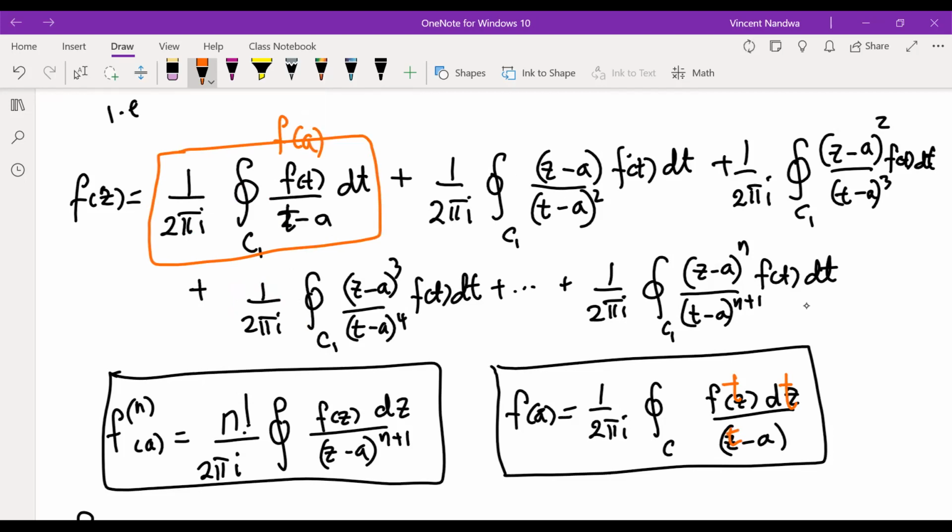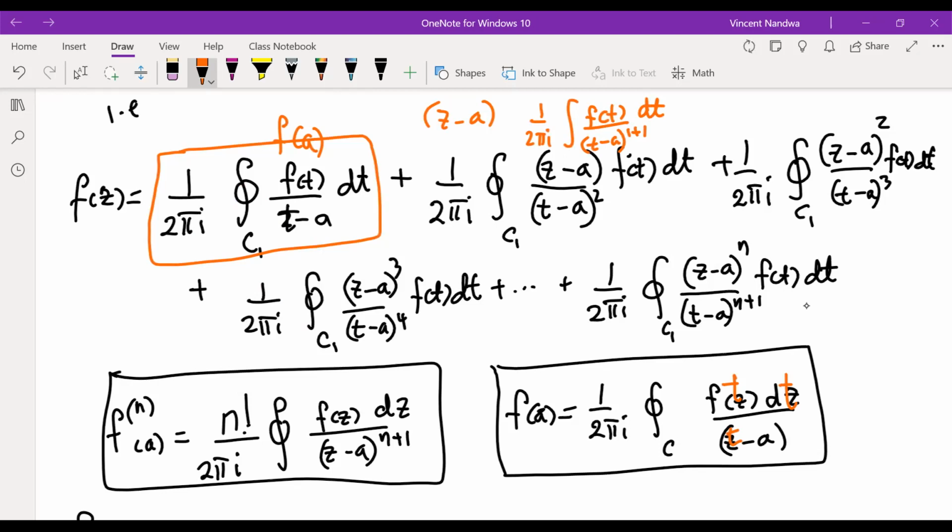And then if I factor out (z minus a), I'll have (z minus a), then 1 over 2 pi i integral of f of t dt divided by (t minus a) to the power, these two can be written as 1 plus 1.